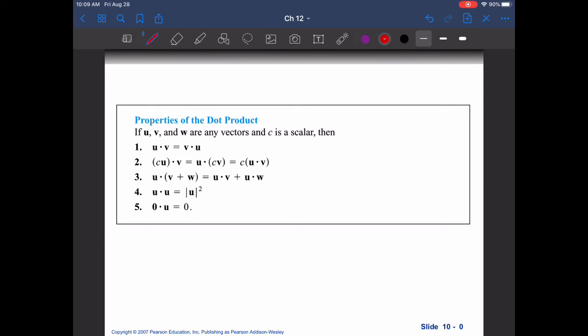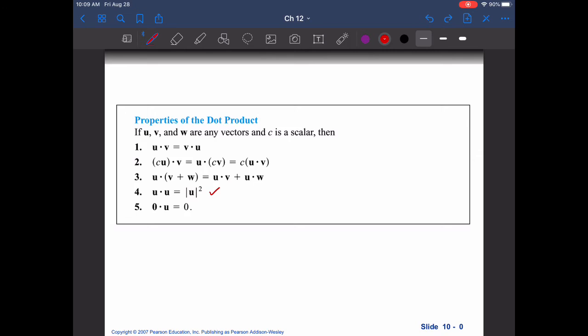And then u dot u is the magnitude of u squared. This is a good one. That's an important one to remember. These are all pretty important. And then our last one here is the 0 vector. Don't forget that the 0 vector dotted against u gives us the 0 scalar, because again, dot products result in a scalar.